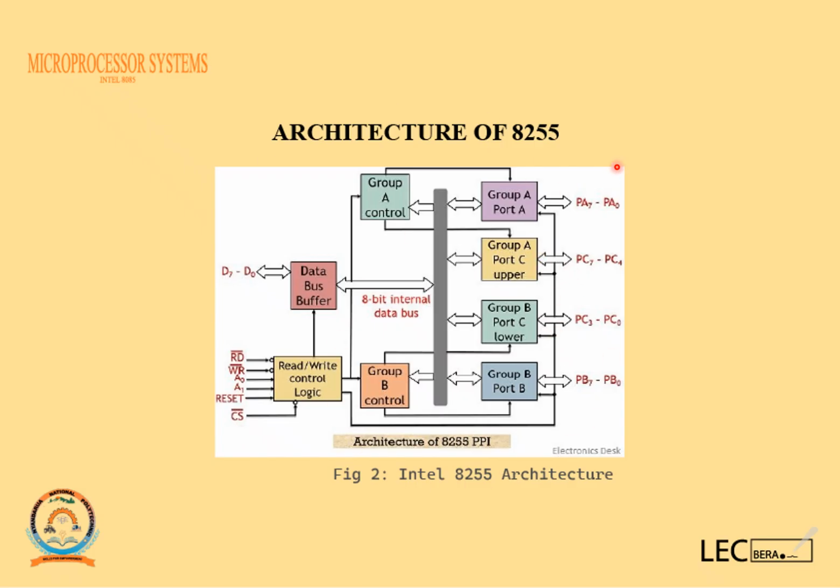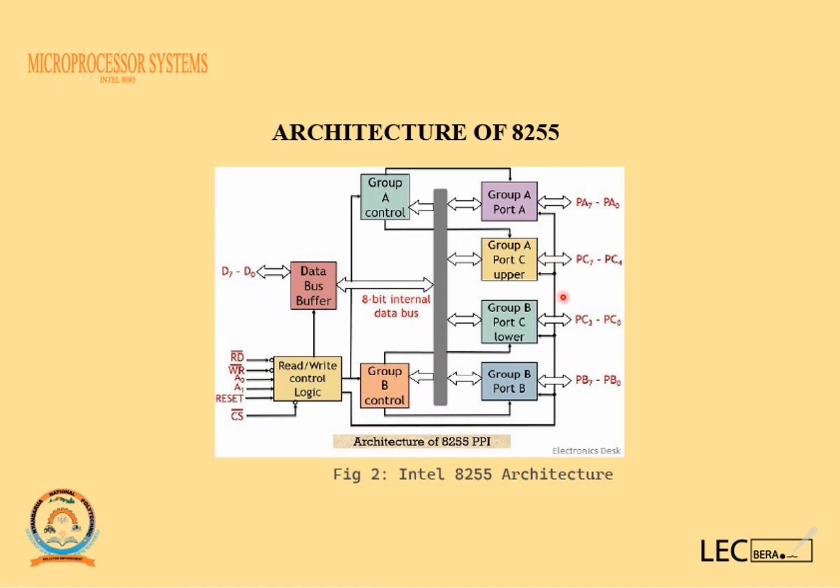And then let us come. I told you that the 24 pins of Intel 8255 have been categorized into 3 ports. So we have port A, which is PA0 to PA7. We have port group A, port C upper.